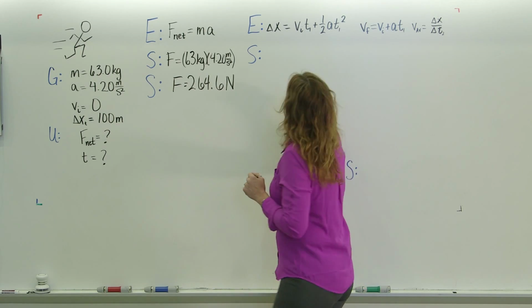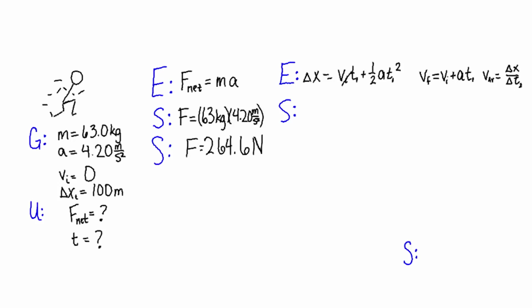My favorite part is to eliminate the zeros. So if we know delta x, and we know the acceleration, we're looking for the time, we can solve this for time.